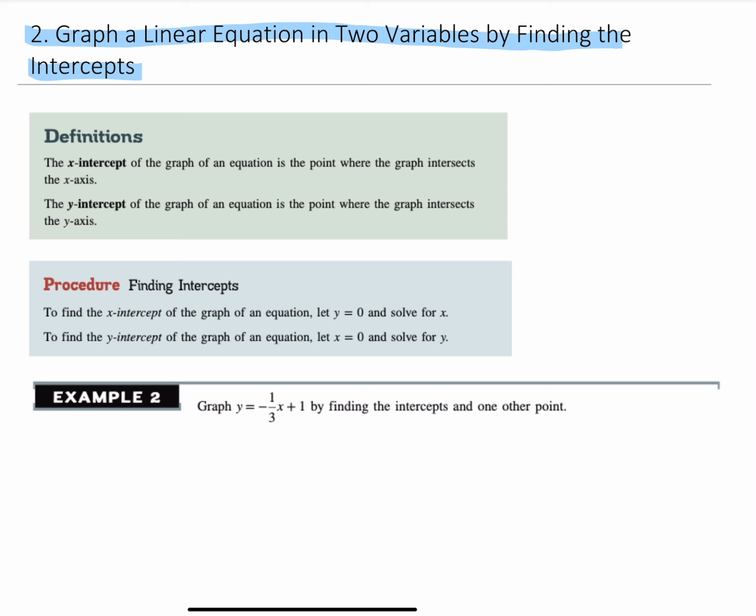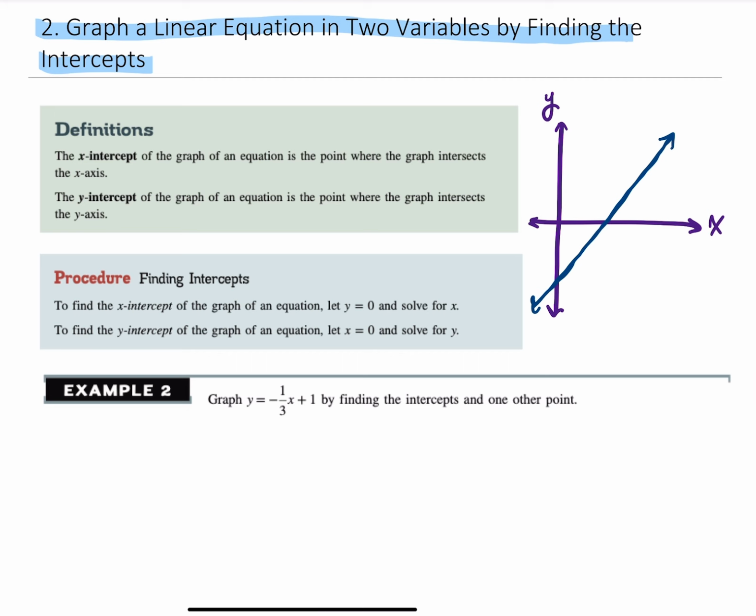So the text gives us some definitions, and then also again just to visualize, let's imagine some random line. Let's say it looks something like this. This is our x-axis and this is our y-axis.